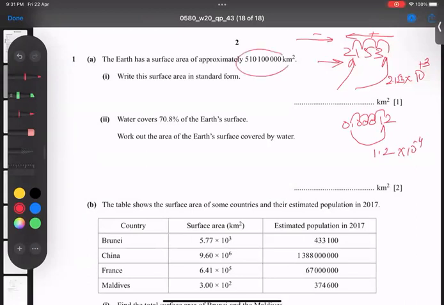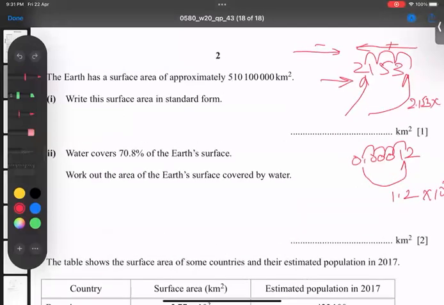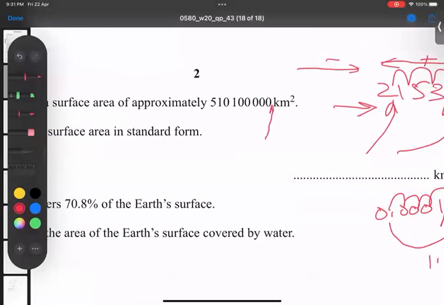So where is the decimal of this number? It's definitely here, and it must be here. So 1, 2, 3, 4, 5, 6, 7, 8 jumps. So I can say here that 5.101 into 10 to power 8. So this is my final answer.